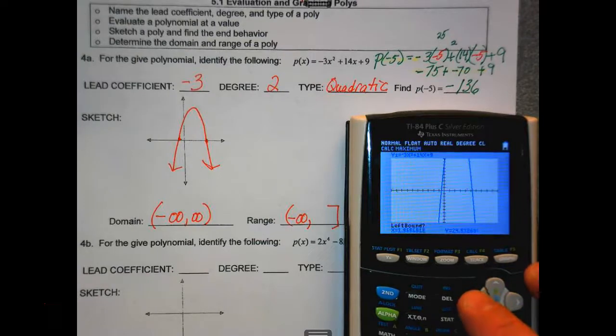Left bound, right bound. Like 26, 22. There it is. Enter. Right bound, 28. Enter again. And I got 25.3.